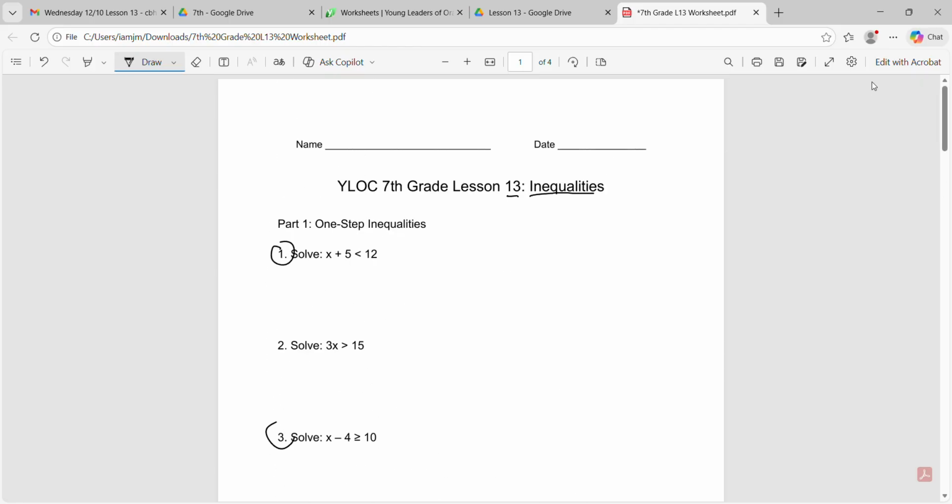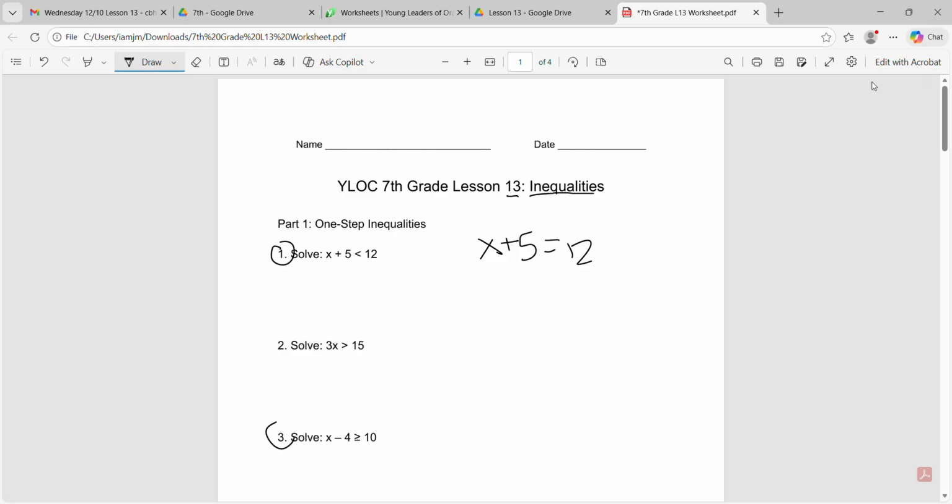So, number 1, solve x plus 5 is less than 12. When you're solving equations or inequalities, you can treat these as similar to the equal sign. There's not much of a difference in the solving system.